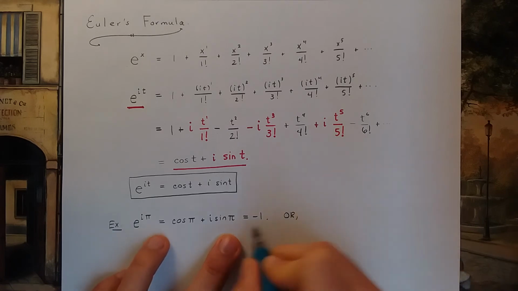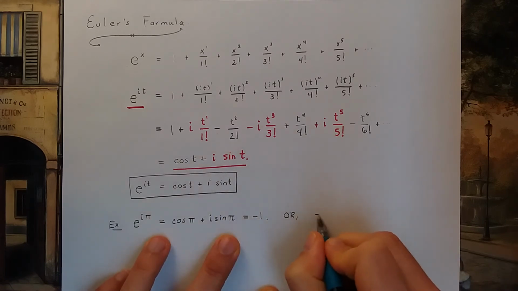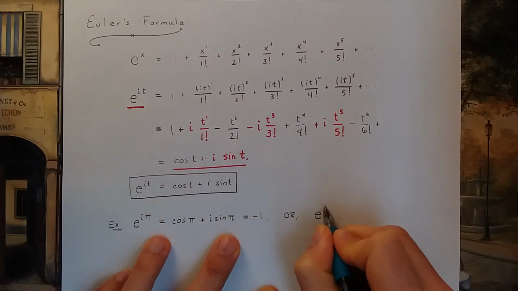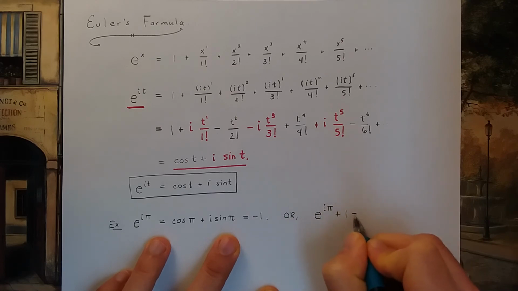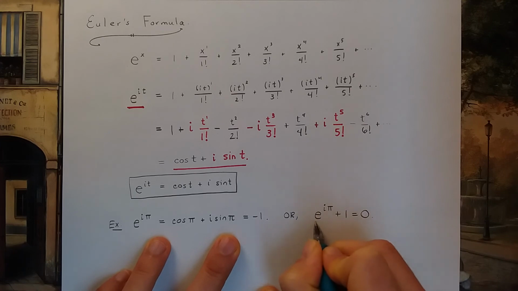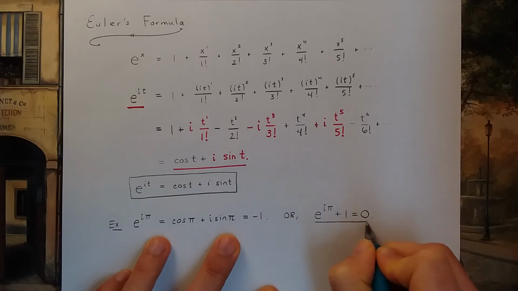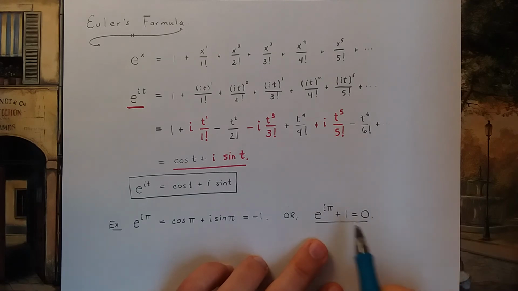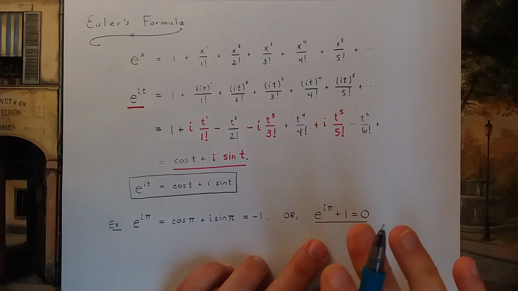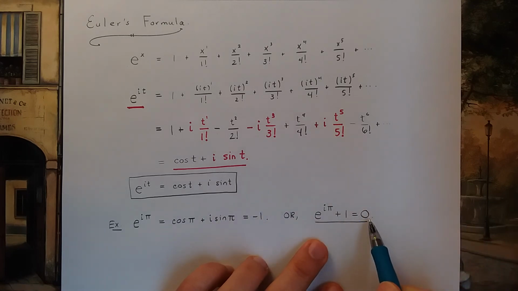Some people like to write this alternatively: they add 1 to both sides and write it as e to the i pi plus 1 equals 0. And this formula is well known. It's an astounding formula in mathematics because the most important numbers in all of mathematics are definitely 0, 1, e, pi, and i.